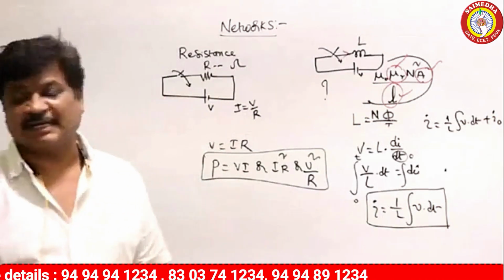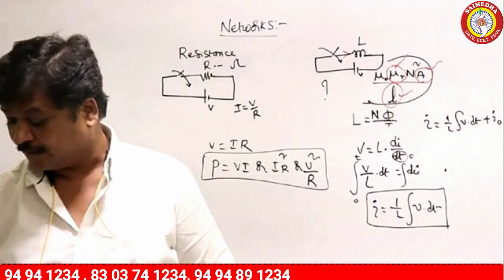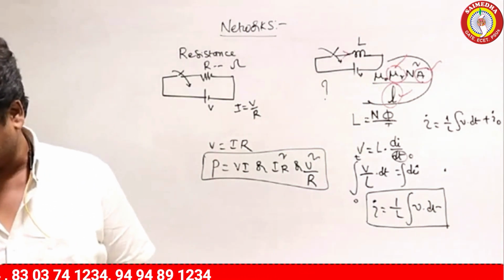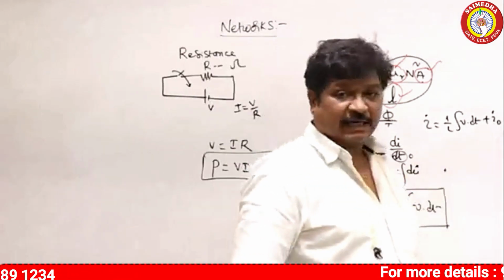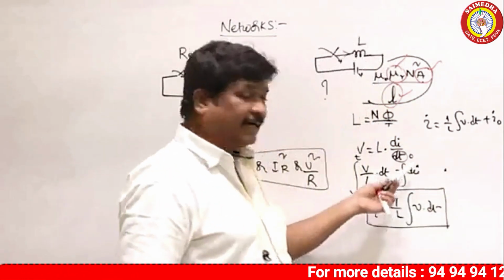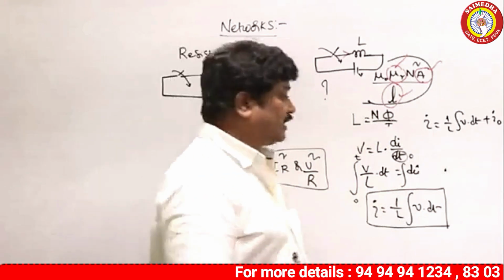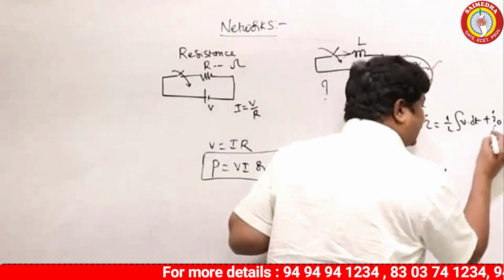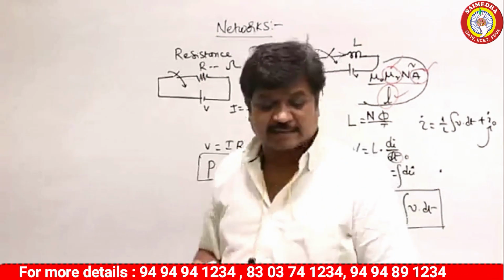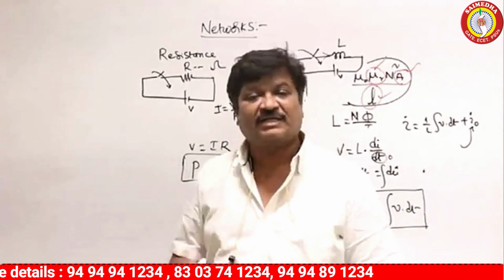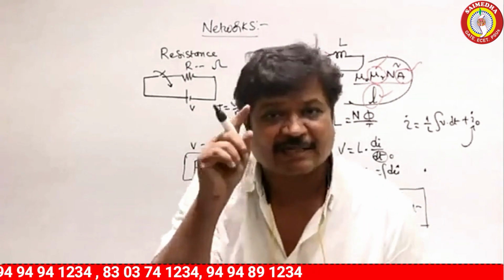Sir, what is that I naught? It's a constant. When you integrate, you will get the constant. Suppose the inductor has initial charge already, then that inductor acts like a current source.